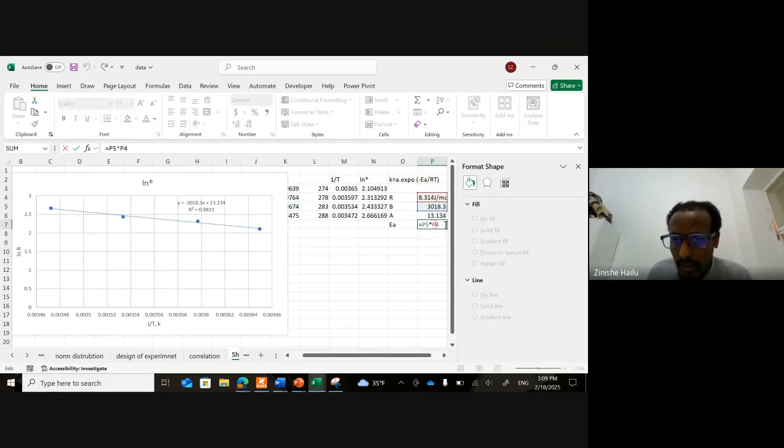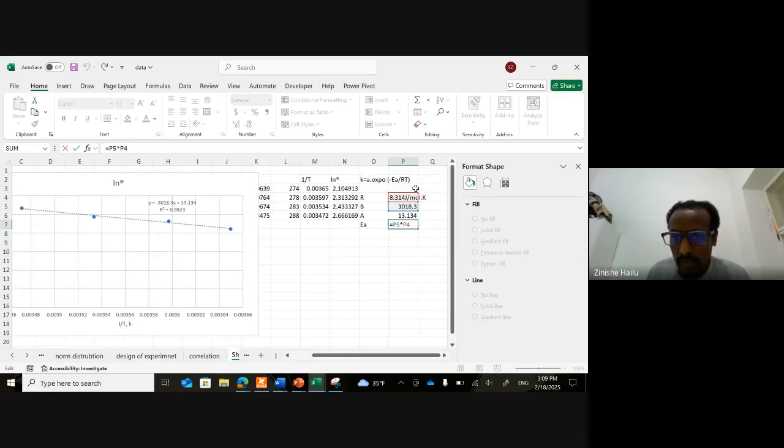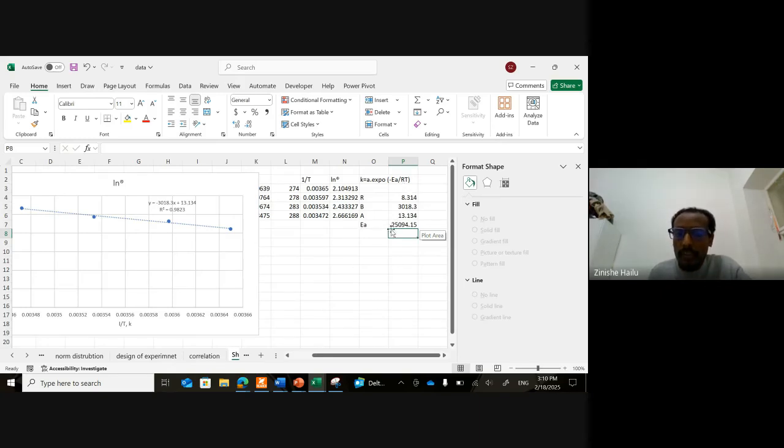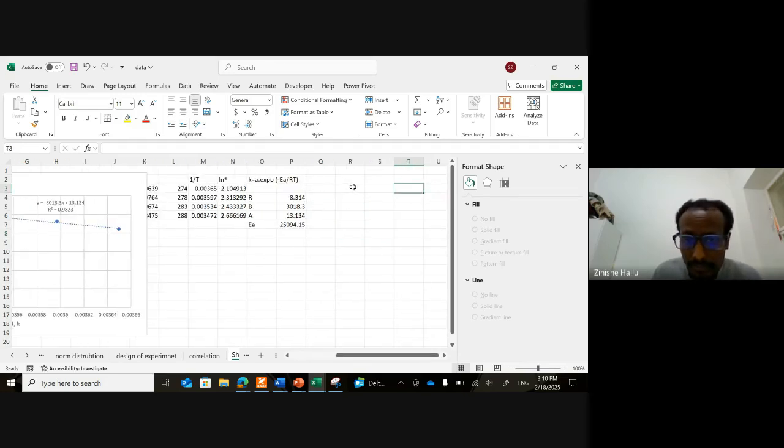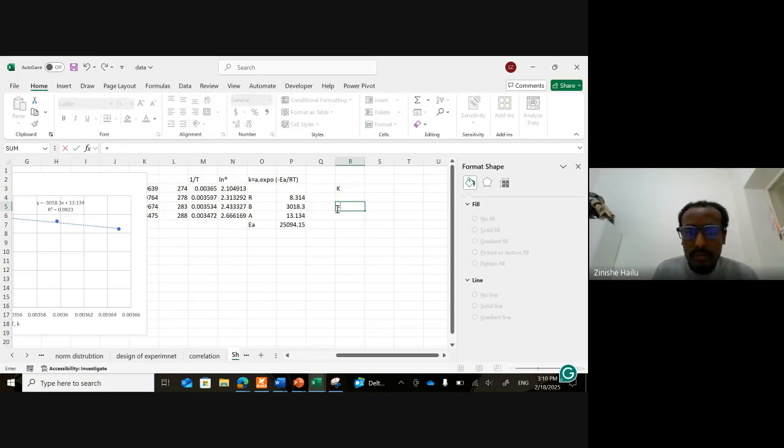I'm sorry. Because this variable should be removed. Now, yeah. So we have E, we have A, B, R. So now we can calculate the rate of reaction constant. So this formula, K, the very important parameter, is equal to A is this.